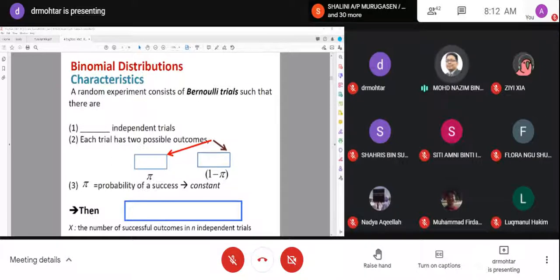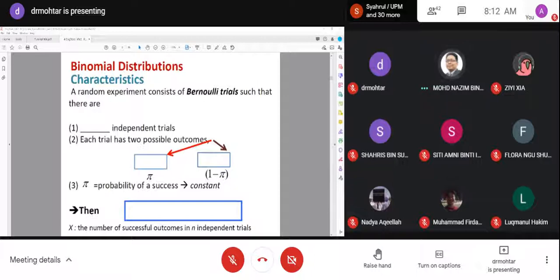For example, we can use Bernoulli distributions to answer a question like, if a single coin is tossed once, what is the probability it comes up head?